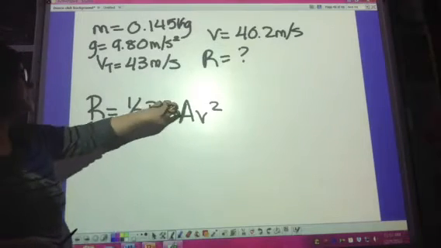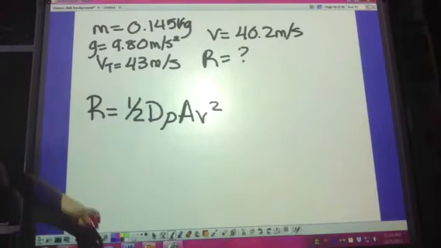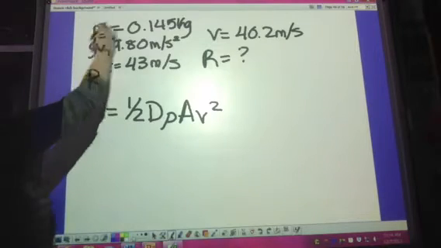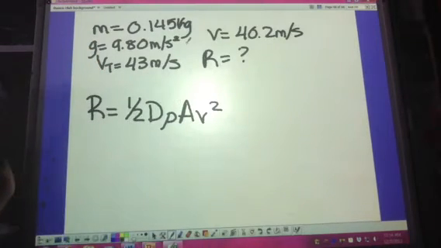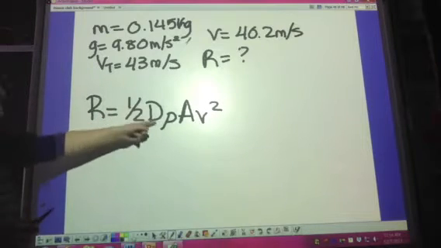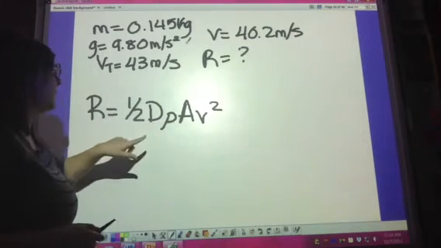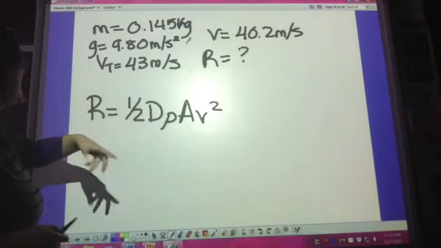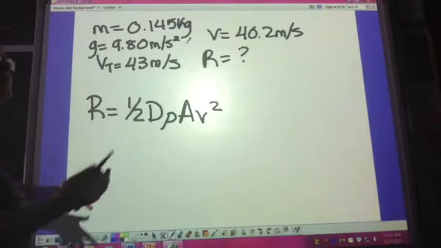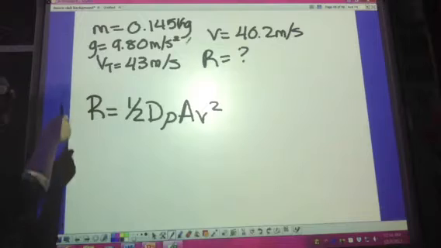I don't know these things, so I'm going to have to figure out a way to use information that I do know. Well, I do know that the drag coefficient, cross-sectional area, the density, and mass and acceleration due to gravity are all related to terminal speed.